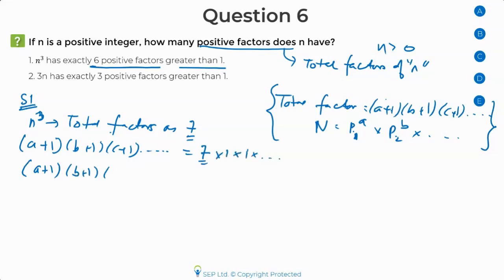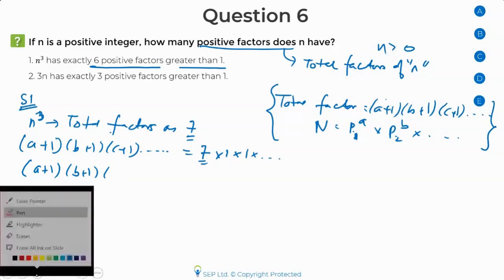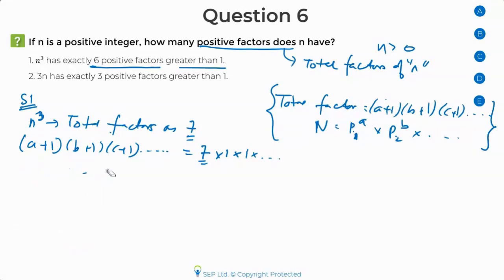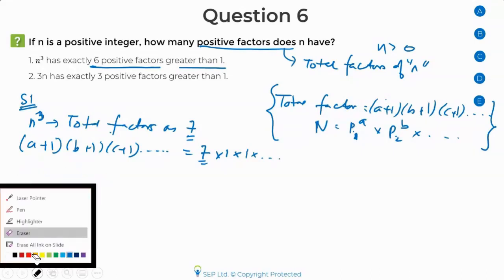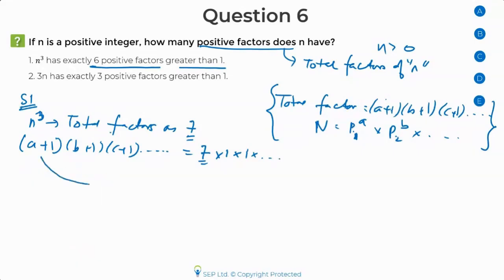So when you compare the left-hand side and right-hand side, I can say a plus 1 is equal to 7, so a is equal to 6. And the remaining would be 0, right? b has to be 0, c has to be 0. Then only 0 plus 1 would give you 1. That's the way we write it.